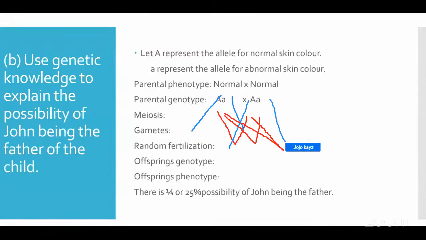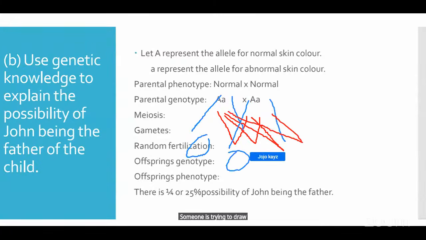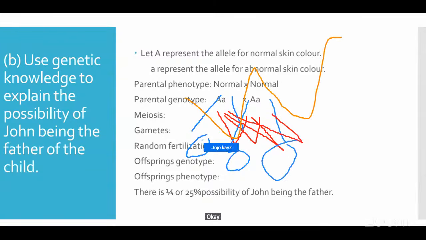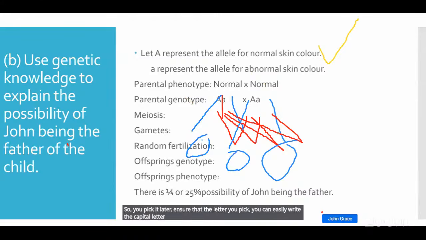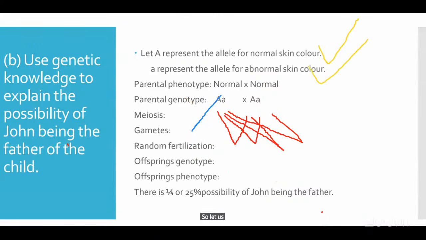Someone is trying to draw the lines here. Okay. So you pick a letter, ensure that the letter you pick, you can easily write the capital letter and the small letter distinctively. So letters like T, S, which may bring issues in writing the capital and the small letter, you may choose to ignore them.